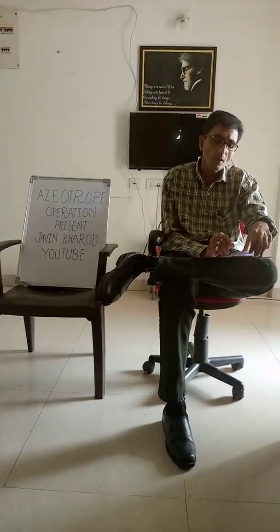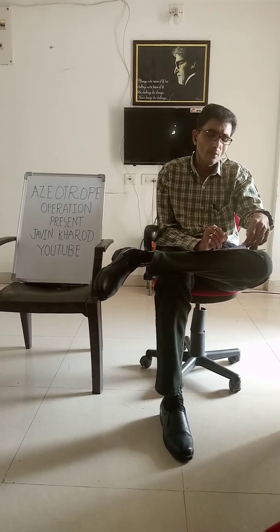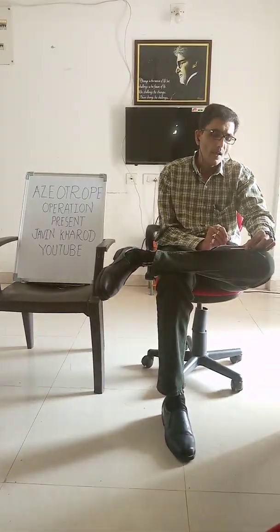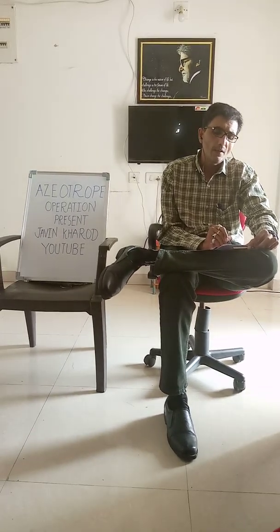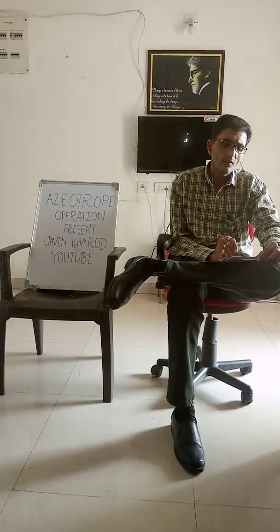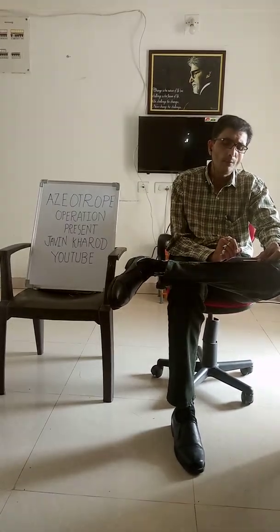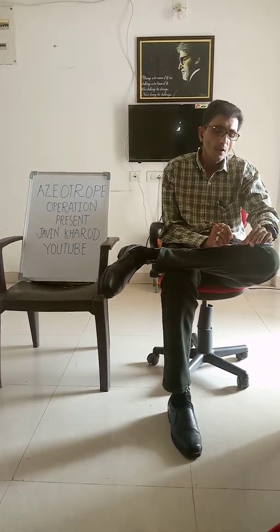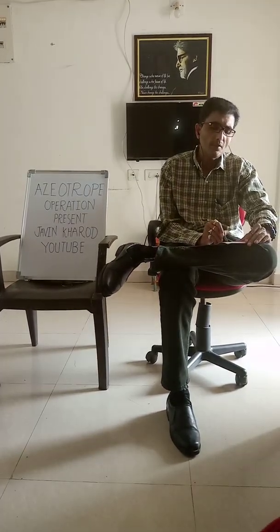Is an azeotrope a compound? An azeotrope is a mixture of compounds with the same composition in the vapor as in the liquid. In other words, an azeotrope is a liquid mixture that has a constant boiling point and whose vapor has the same composition as the liquid. What is the meaning of azeotropic mixture?